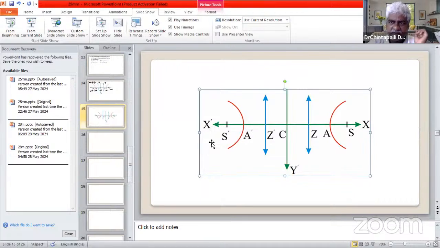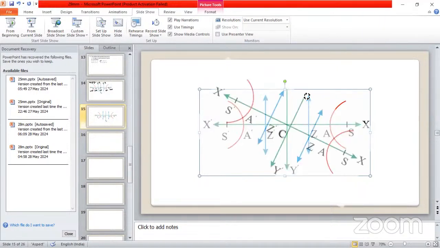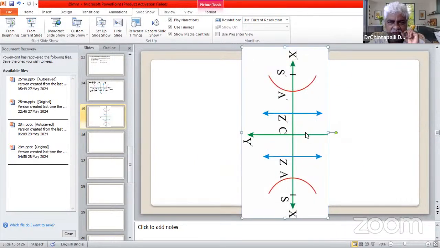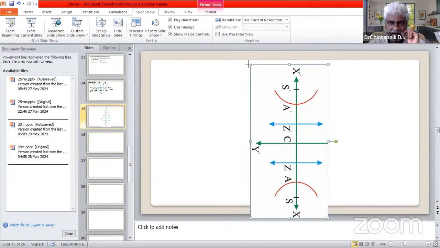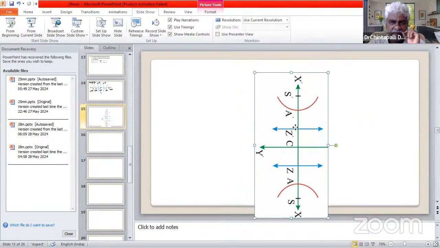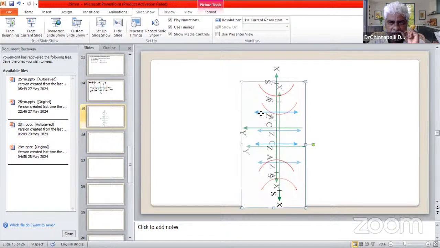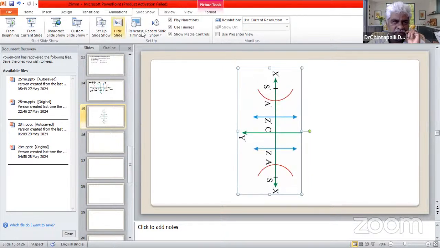We need to rotate this by 90 degrees. Yes, that is rotation. That's good.